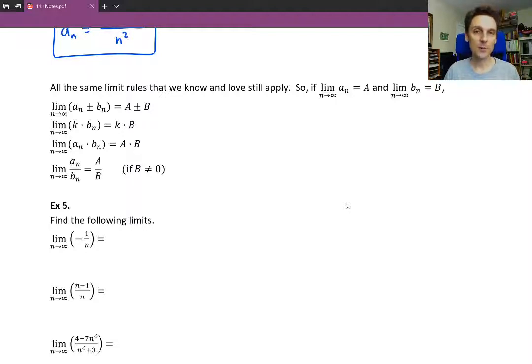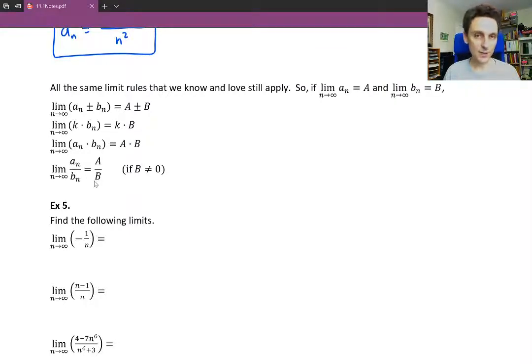So for example, if we have the limit as n approaches infinity of a sub n equals big A, and the limit as n approaches infinity of b sub n equals big B, then the limit of either the sum, the difference, the product, or the quotient, so either using addition, subtraction, multiplication, or division of these two terms of the sequences, if you take those limits, the limit of the sum, for example, is equal to the sum of the limits of the individual sequences, as long as those individual sequences converge to something, so A and B in this case. Same thing with differences, products, and quotients.